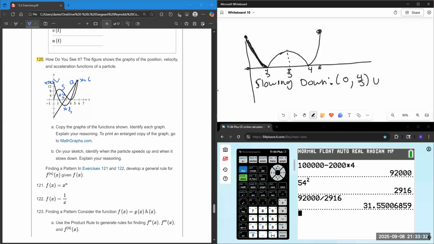All right, so we are slowing down from 0 to 4/3, and from 8/3 to 4, and we are speeding up from 4/3 to 8/3, and from 4 to 6.